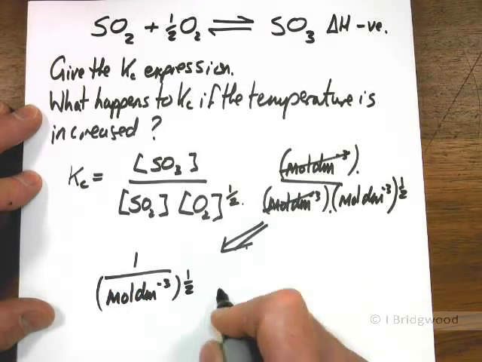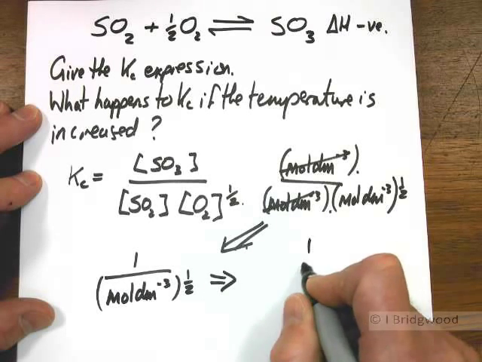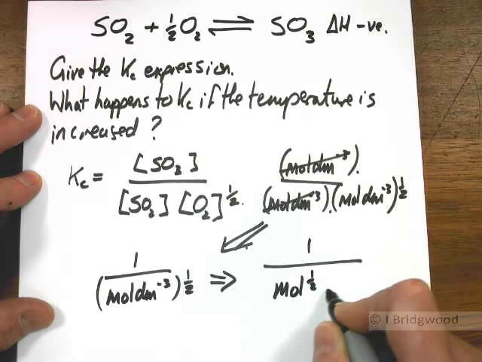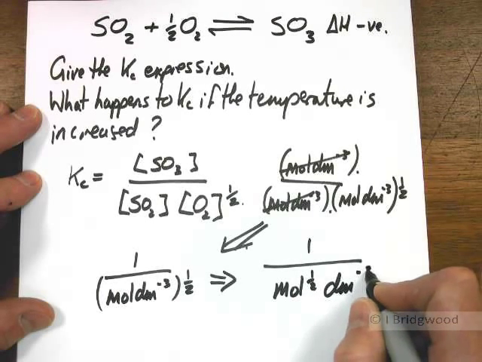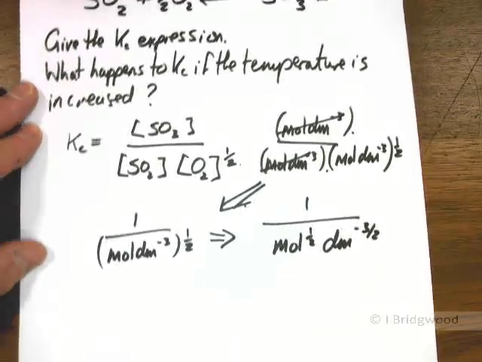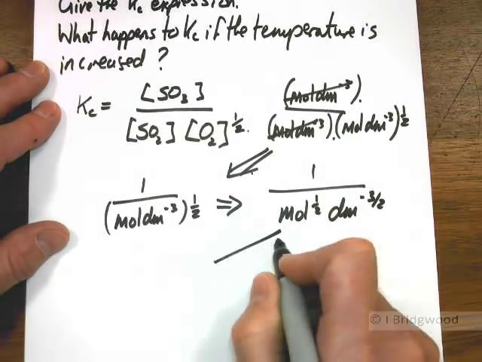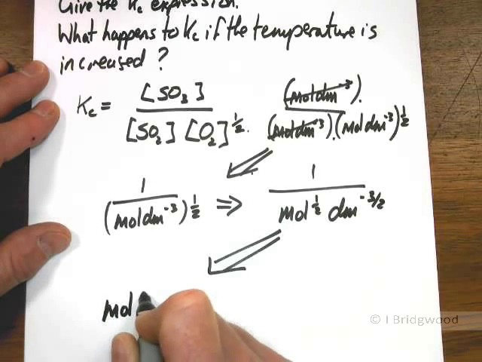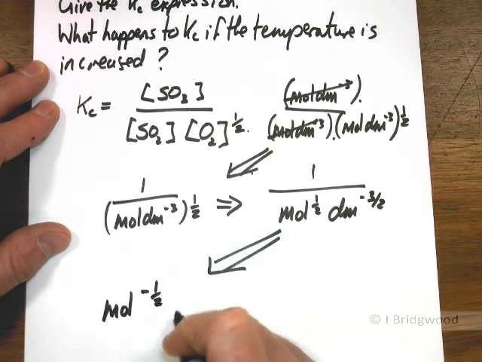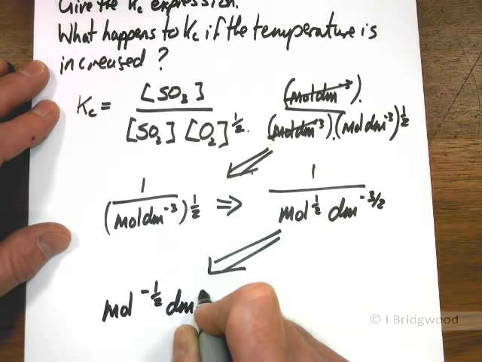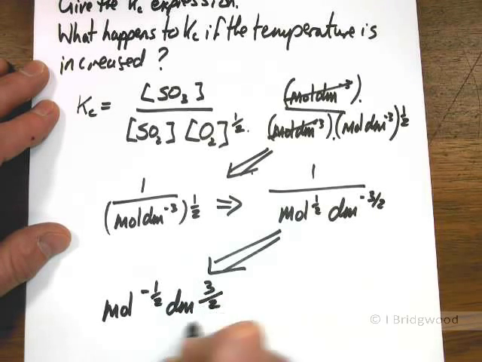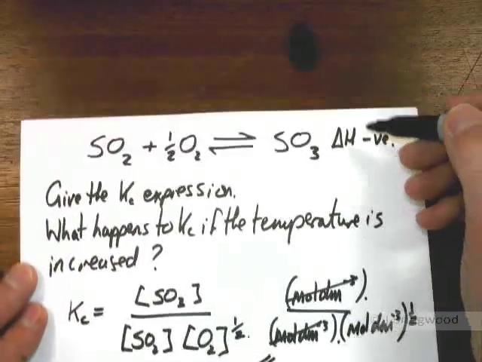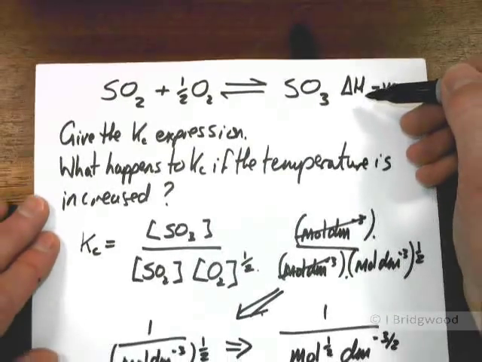Multiply that out, we get 1 over moles to the 1/2 decimeters to the minus 3 over 2, and therefore if we take that up to the top, that will give us moles to the minus 1/2 decimeters to the plus 3 over 2. Odd units, but that's the way it comes out if we have that particular equation.